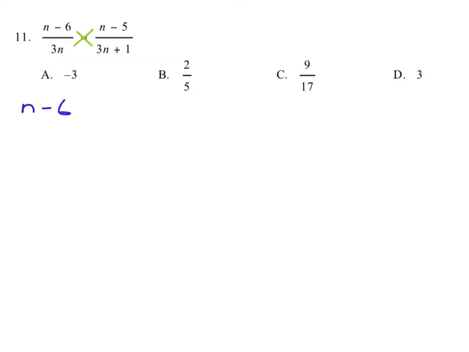We've got n minus 6 times 3n plus 1, and that is equal to 3n times n minus 5. So first thing we're going to do is we're going to FOIL: first, outer, inner, last. First, 3n squared.